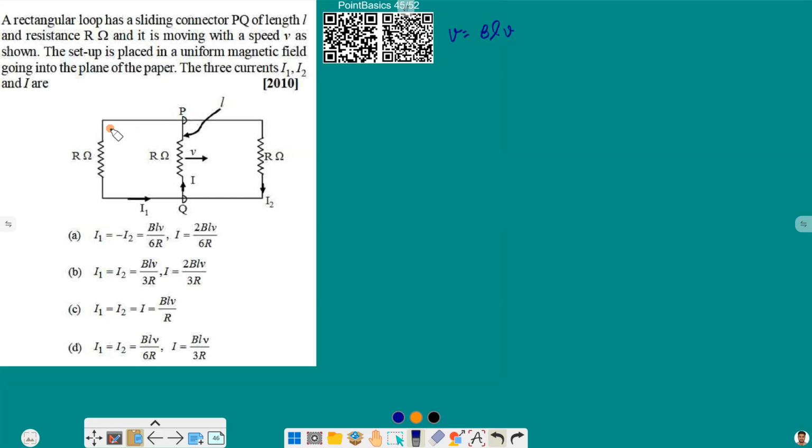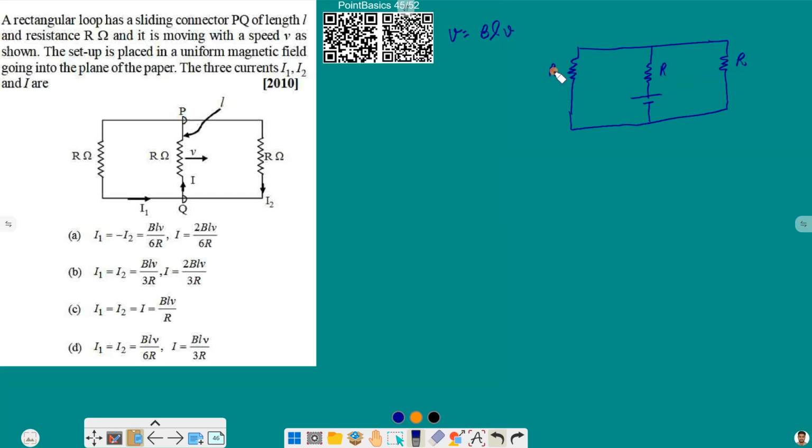So we can represent this whole circuit like this: this is our resistance R, here our resistance R, and this conductor is acting as a source of EMF E, that is equal to BLV, and we have a resistance R here.